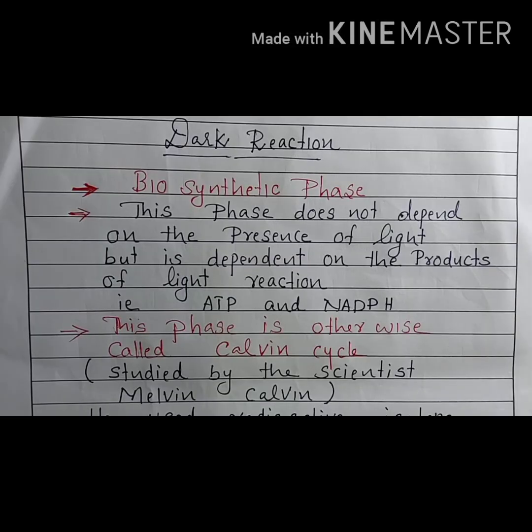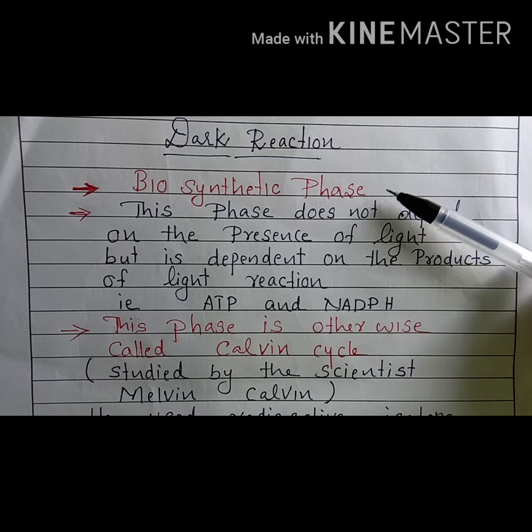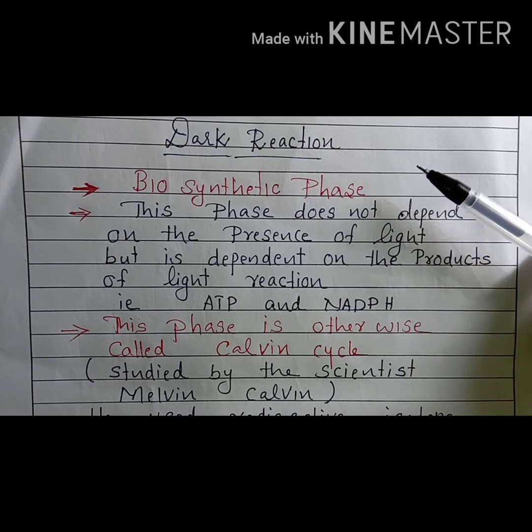The light reaction is over, and the end products of the light reaction are ATP and NADPH. Next we are going to study the dark reaction, which is the second event in photosynthesis. The dark reaction is otherwise called the biosynthetic phase, because here we see the actual formation of glucose or starch.